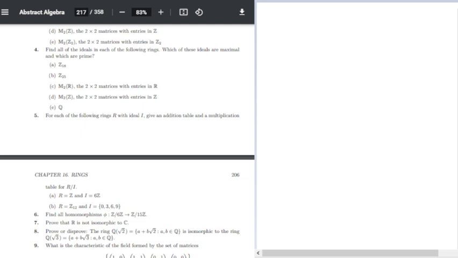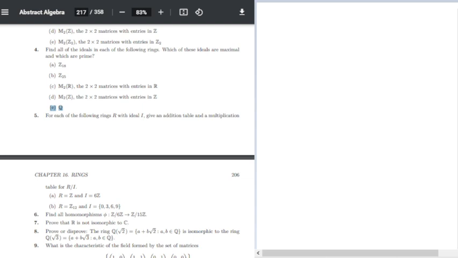And Q. And Q, similarly, what it will be is that since it's, okay, kind of a little thing is that if we have a field, then the only ideal is the trivial ideal or the entire space.